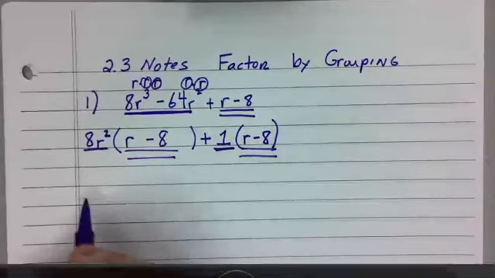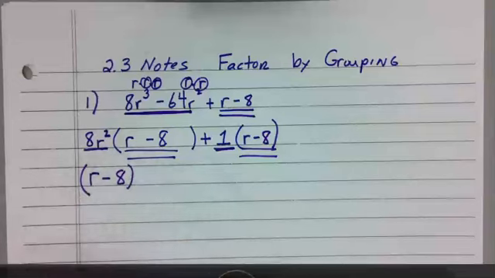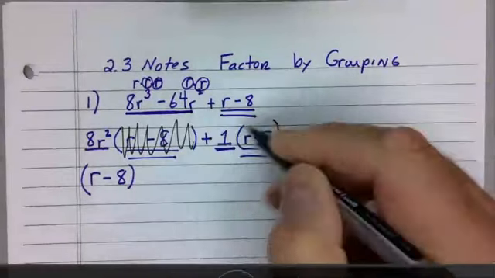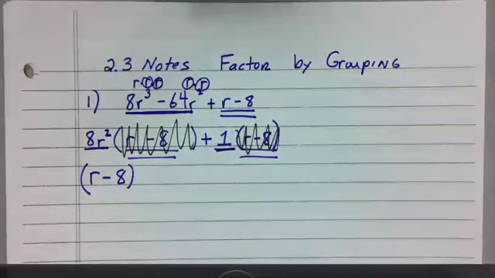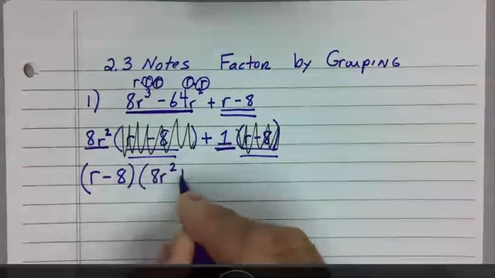So we can factor them out right out in front. And then what's left over after taking that out, when I take that r minus 8 out up here, what's left over? 8r squared plus 1, and I'm done. I have it factored.